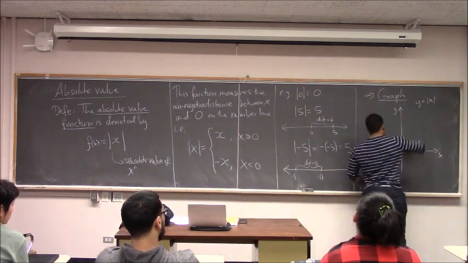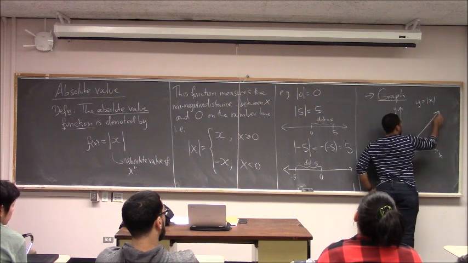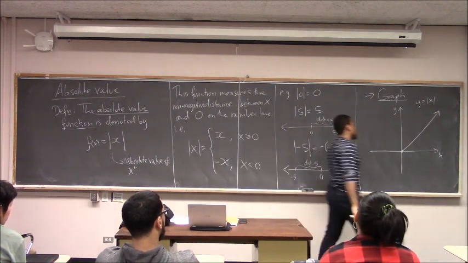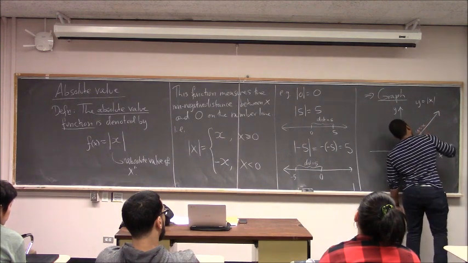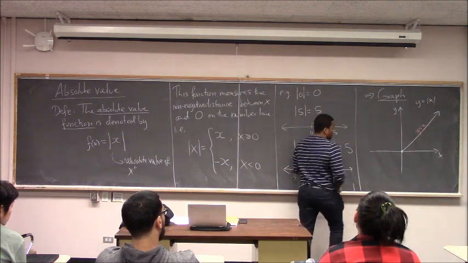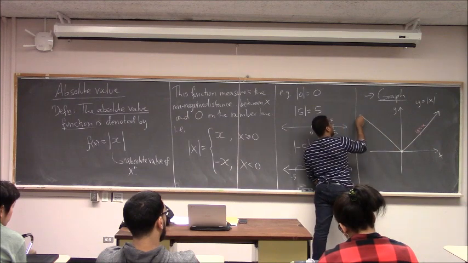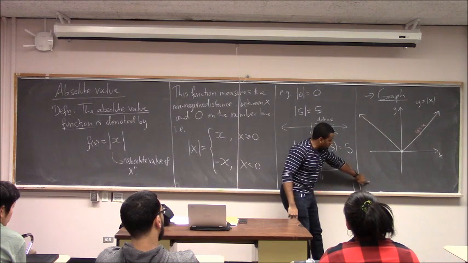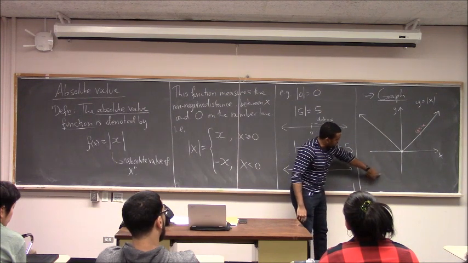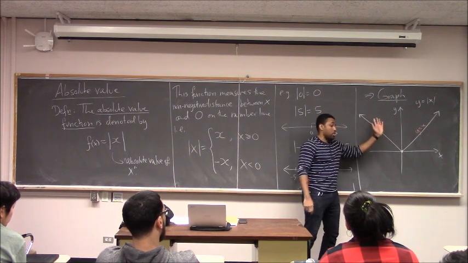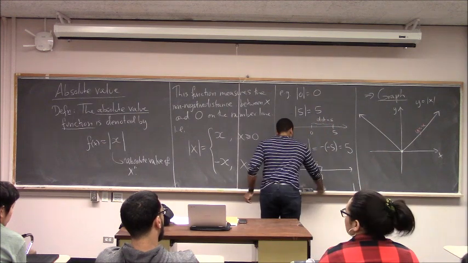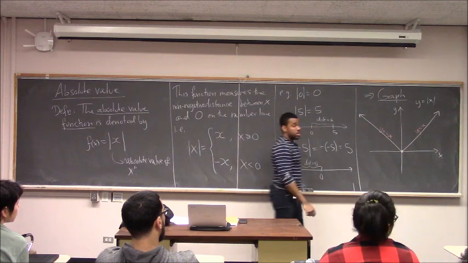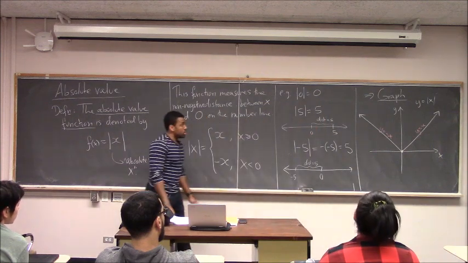So you just have the line y equals x on this side. Now on the negative side, it will actually look like that. If you continued with y equals x, this will continue here. What the absolute value does is it multiplies all these points by a negative sign to flip them up to make a positive value. And so we have y equals minus x as the definition on the left side.